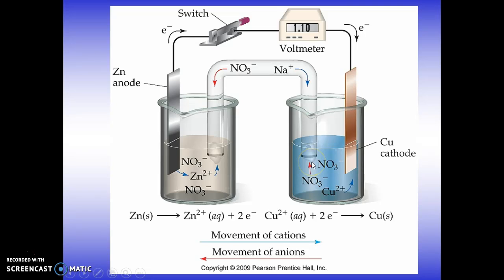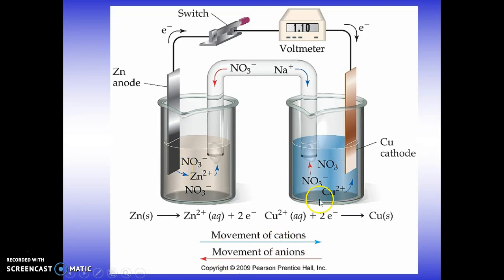And then within the salt bridge, the other thing that you have happening is, in order to maintain electric neutrality, these ions need to migrate. So you have copper ions leaving solution to become copper metal, so the sodium ions are going to move into this half cell to replace the lost positive charge. Because in this half cell we're actually gaining positive charge, because the zinc is becoming zinc ion, we've got to deliver more negative charge here, and so the nitrate is actually going to move into this cell in order to keep that electrically neutral.